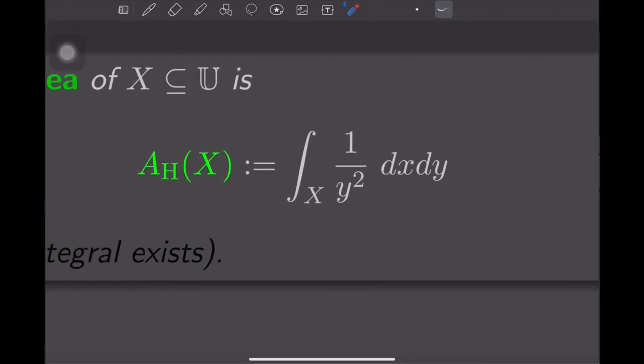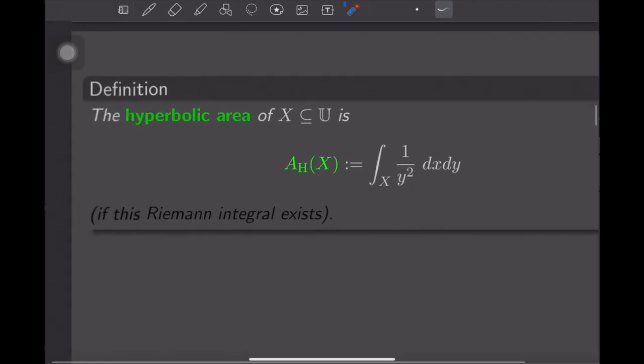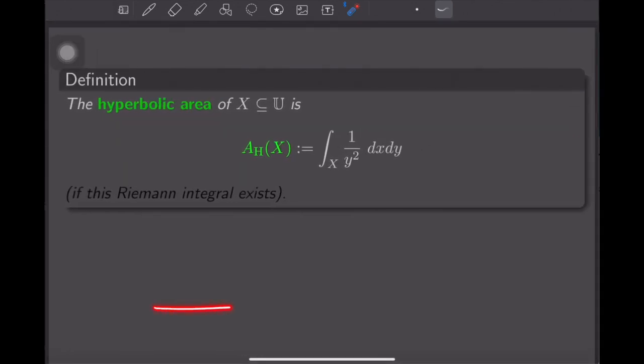the points close to R bar very dense or very heavy, and so the regions close to R bar have actually a very large hyperbolic area, because very close to R bar, this weight takes very large values.